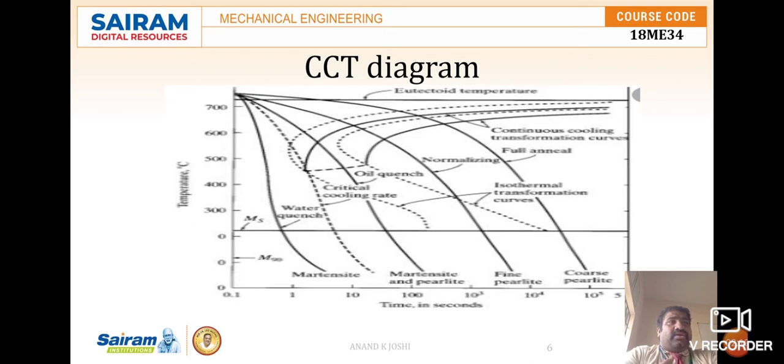The cooling line is not passing through the area indicating the austenite to pearlite transformation.